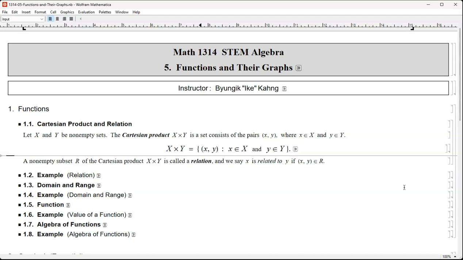What's next? A relation. A non-empty subset of a Cartesian product is called a relation. Any non-empty subset will do. And if any point x comma y belongs to that relation, then we say x is related to y. So if you have any collection of ordered pairs, that's a relation.